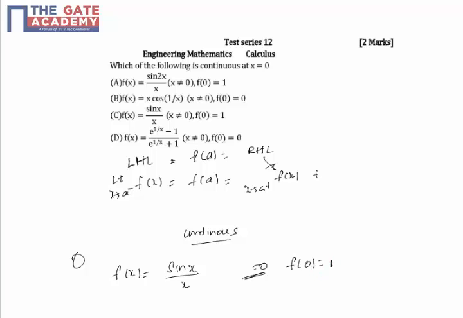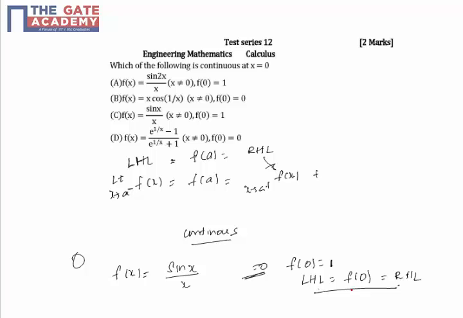So f of 0 is given. Now we have to check the left hand limit and right hand limit. Both should be equal, and should be equal to f of 0. If this happens, this function is said to be continuous.